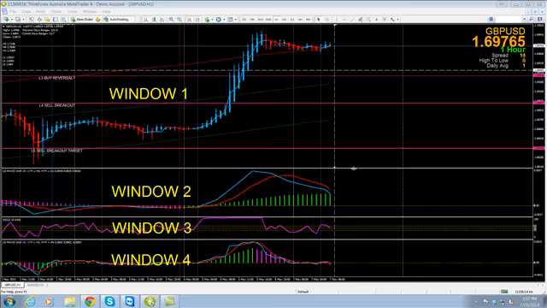Now, if I was looking at Great British Pound US, window 4 is generally a very good guide as to which way the trend is leading.